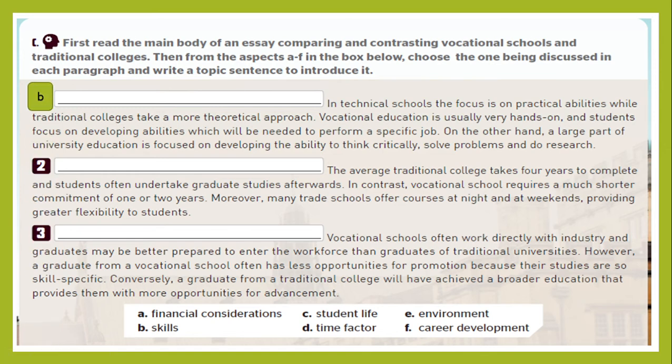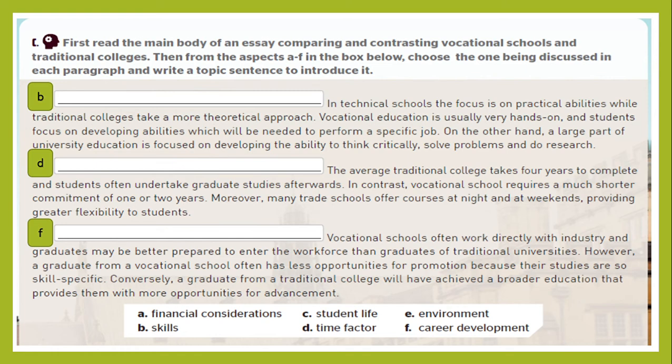Number 1 is talking about skills, number 2 is talking about time factor, and number 3 is talking about career development. Now it's your turn to write your own topic sentence for each paragraph.